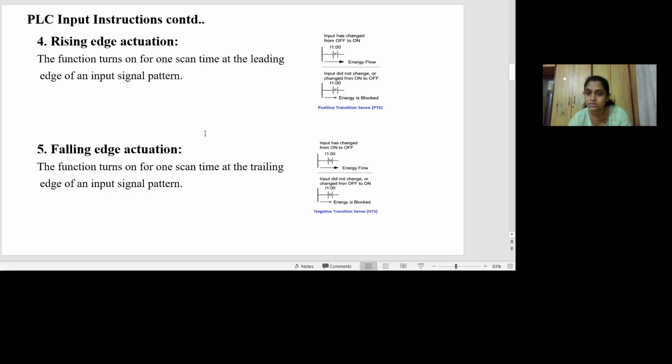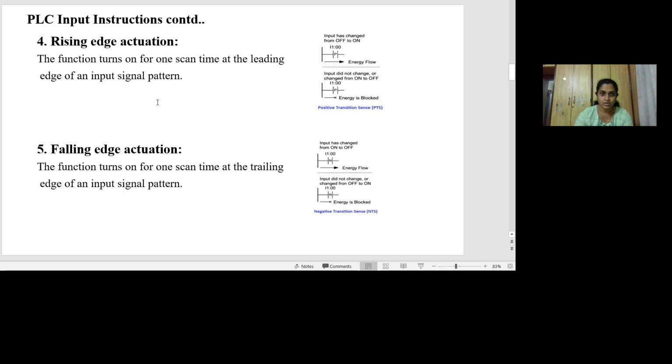Here, whenever the input changes from on to off state, the contact will be closed, and there is a connection between two rails, and the output coil is energized. And the output will be turned off only when the input makes a transition from off to on state.